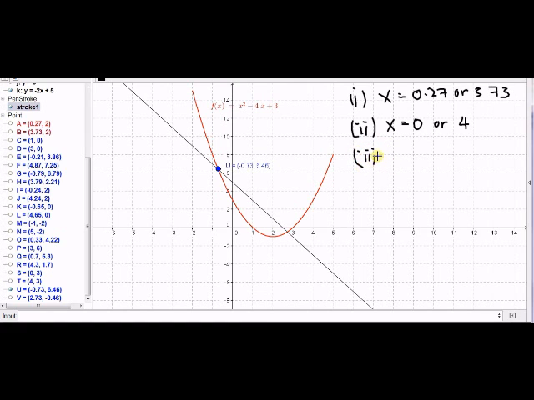So the first solution of the third equation is negative 0.73, and the second solution is the x when both the lines meet at point B, where the value of x is 2.73.